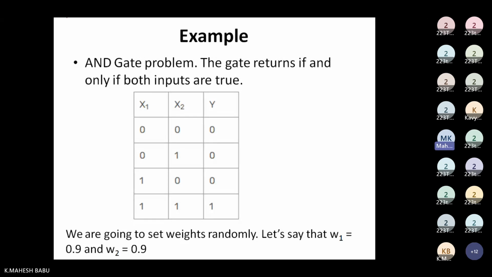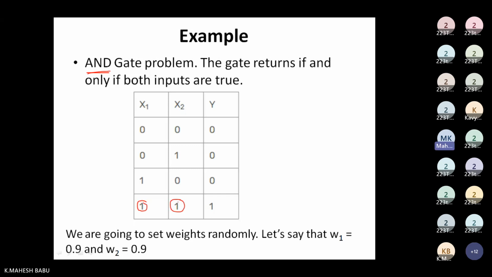Here I'm verifying whether the AND gate is working properly or not. For the AND gate problem, the gate returns true if and only if both inputs are true. Usually the AND returns 1 when all inputs are high.